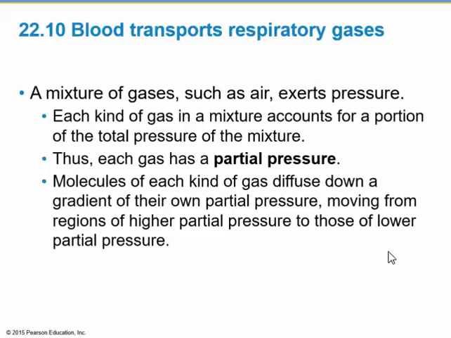Well, there's more nitrogen than oxygen. That explains it. So each gas has its own partial pressure, and gases diffuse down their partial pressure gradient. They go from where there's a higher partial pressure of them to where there's a lower partial pressure of them.